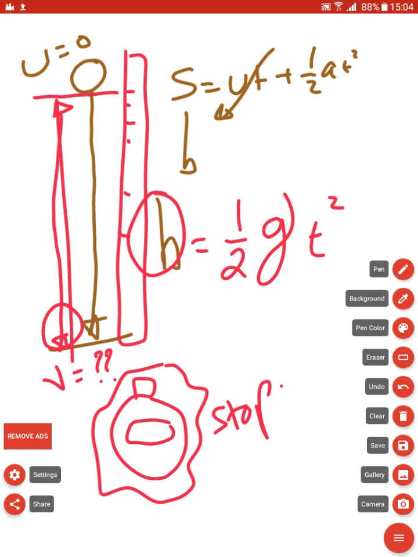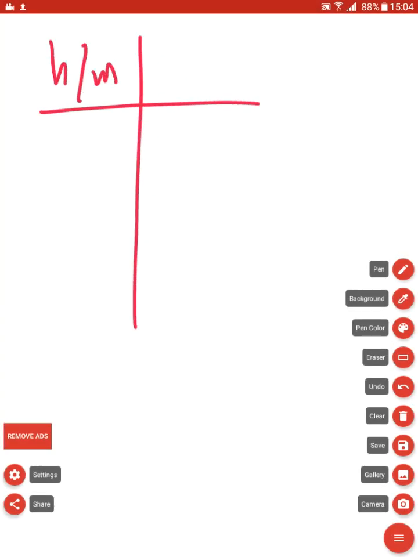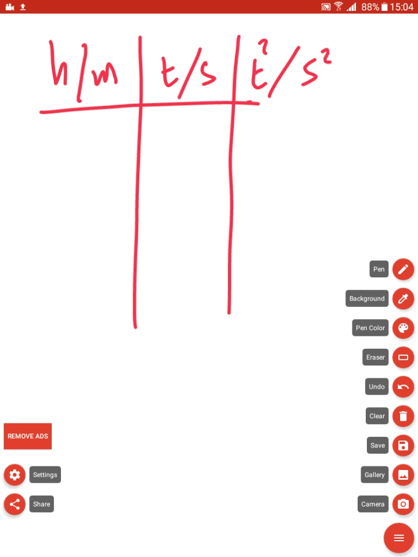If I take a place without wind, the reaction time is still acting. To decrease the effect of reaction time, you can do the experiment many times using different heights in meters. So you find the time in seconds and then find the square of time in seconds squared.